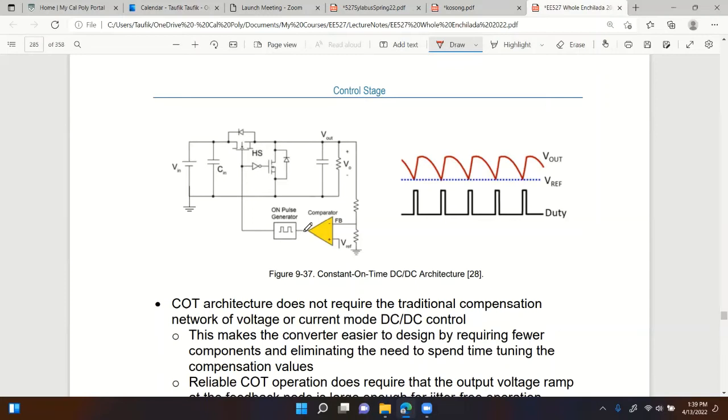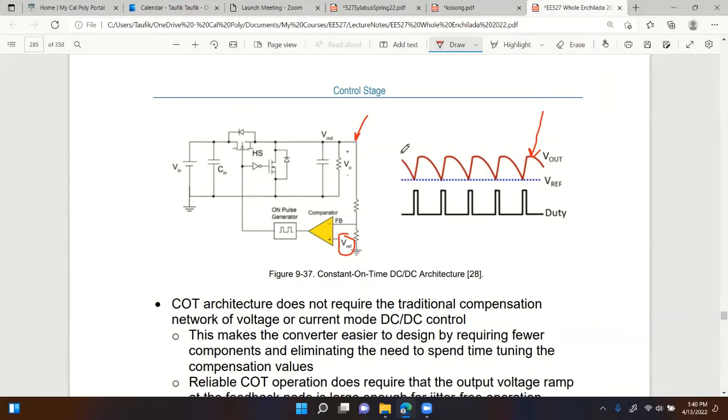But in addition, instead of doing that, what it does is this. The output voltage right here is represented by this waveform. Imagine the minimum value of that output voltage is compared with the reference voltage right here.